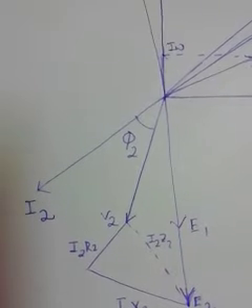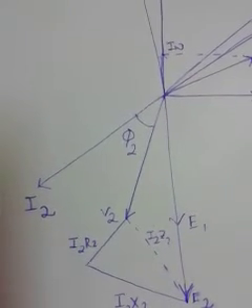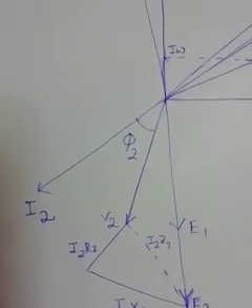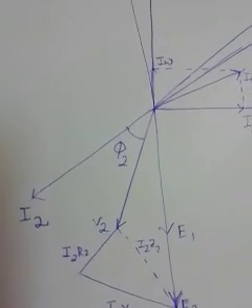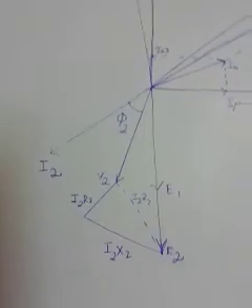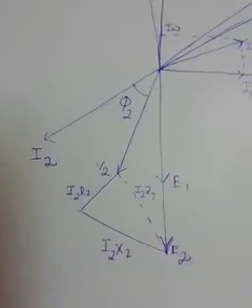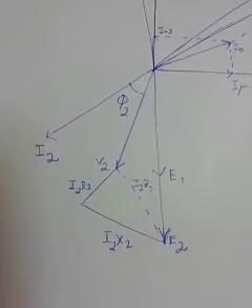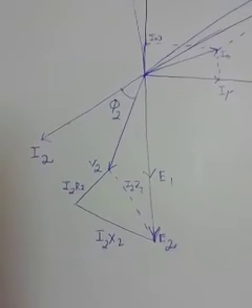So I2 should always be drawn with an arbitrary angle of lag. Here it is shown as the angle of lag phi 2. Now, how is this I2 reflected in the primary side, as a referred or reflected value?